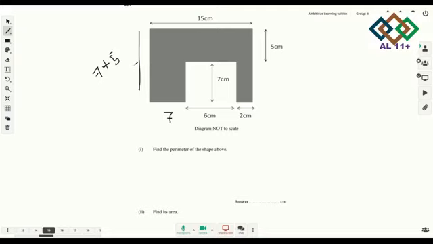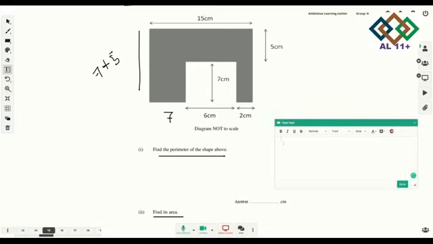Why did we do 5 here? 7 plus 5, because 7 is this one and 5 is here. So you need to add all this up now to get your answer. Find the perimeter and then you need to find the area. So let's find the perimeter first and see what we get.